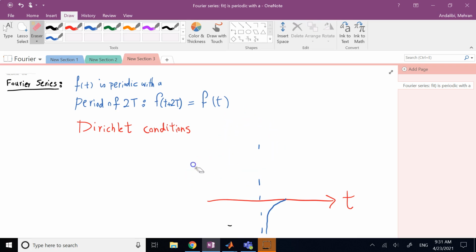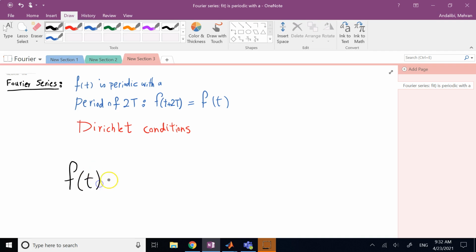now you can write your periodic function in terms of what? Sines and cosines. How many of them? As I said, infinitely many. But we really do not need to go infinite, okay? So first of all, how do we write it? Well, we write it as a constant term a naught plus an infinite number of harmonics.